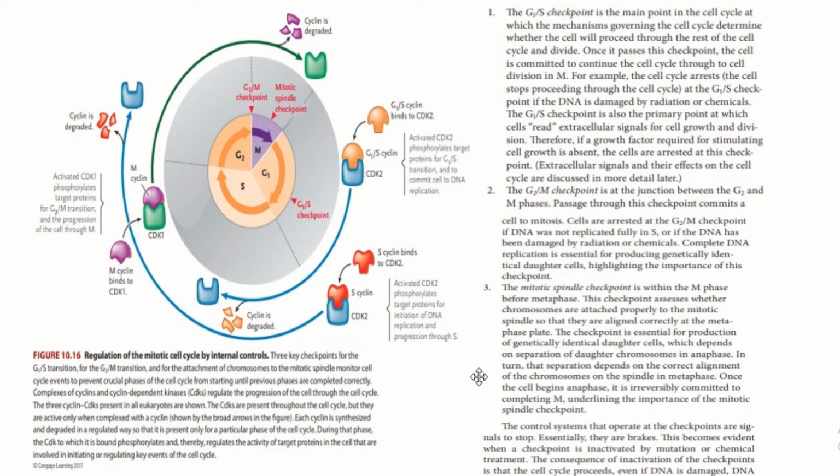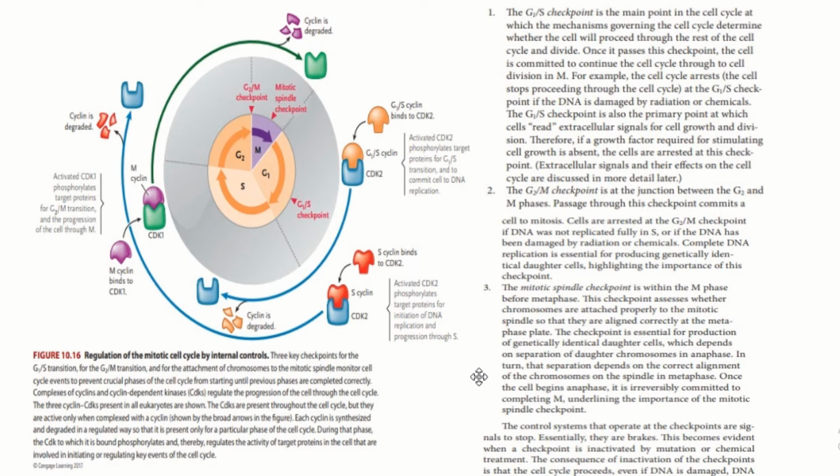Complexes of cyclin and cyclin-dependent kinases, CDKs, regulate the progression of cells through the cell cycle. The three cyclin-CDKs present in all eukaryotes are shown. The CDKs are present throughout the cell cycle, but they are active only when complexed with cyclin.